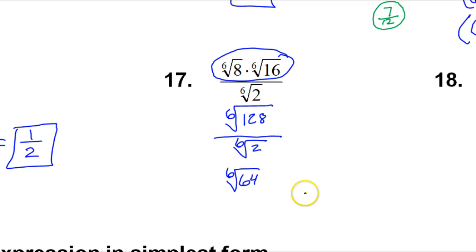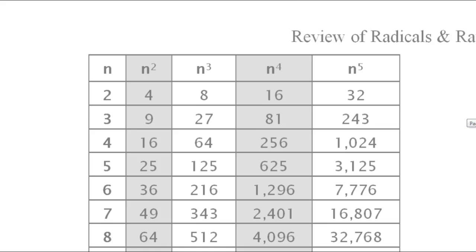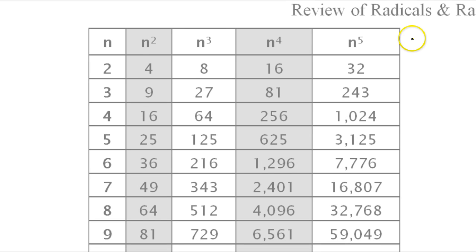Now this strikes me as slightly unfair because we don't have a sixth power on this particular chart. But if we did, it would turn out that 64 would be on it right here. So it turns out that the sixth root of 64 is 2. And you might have been able to guess it.